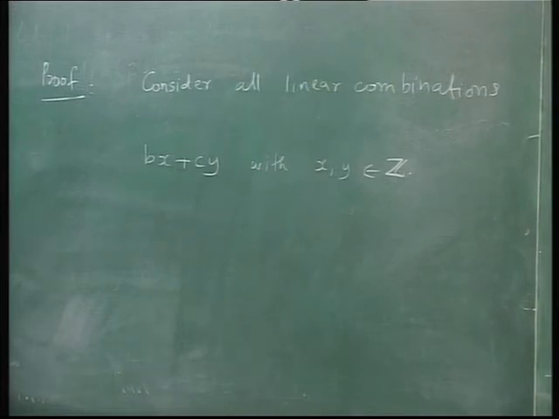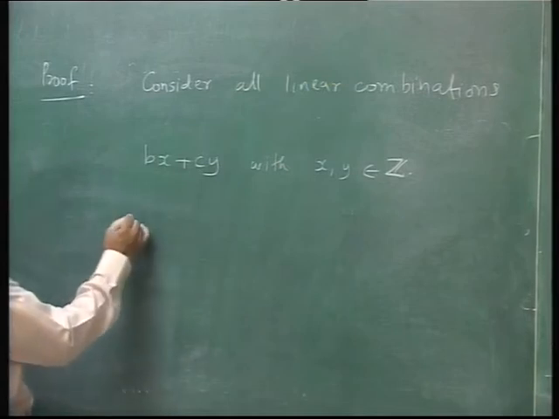That is clear, because you are taking x, y as arbitrary in Z, and B and C are not both zero, at least one of them is non-zero. So we take the least positive integer from this.